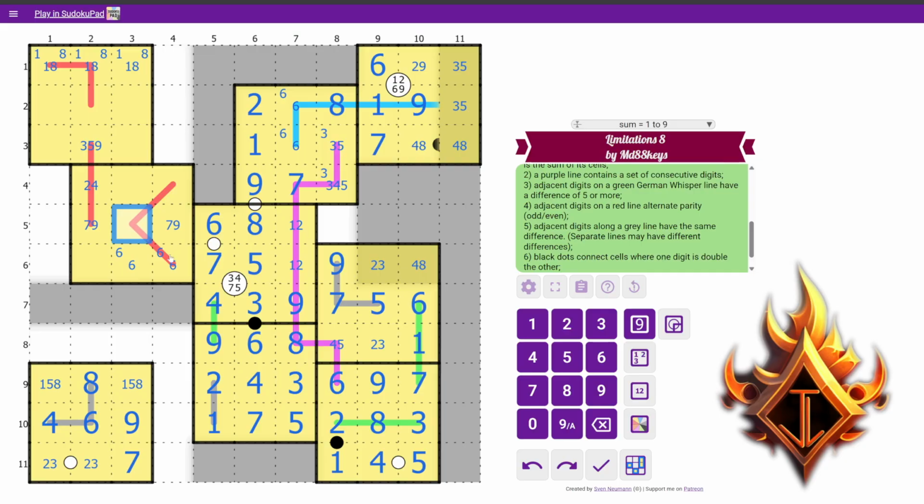Yes, it can. 6, 8. This could be even still. It would be 2 or 4. But if this is 2 or 4, oh, that could be 6.